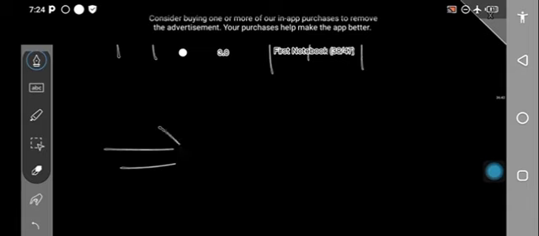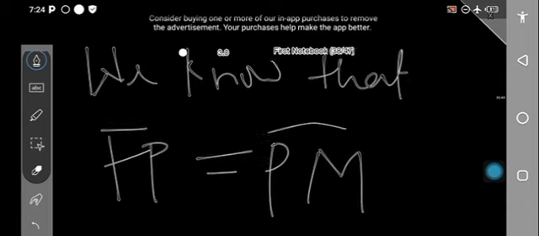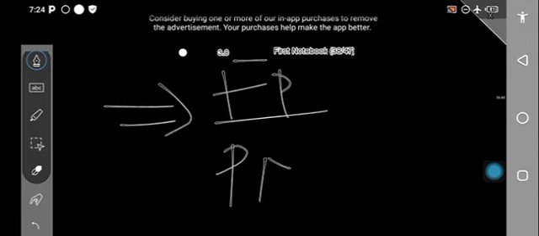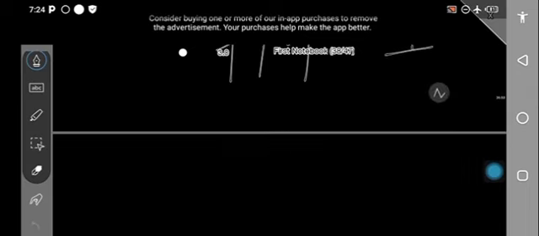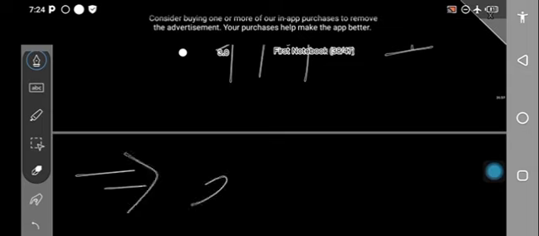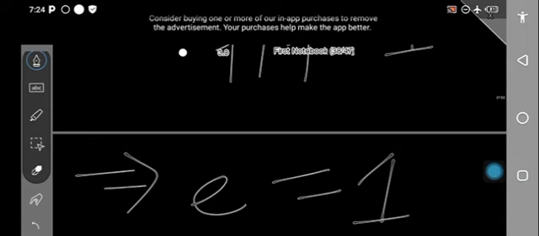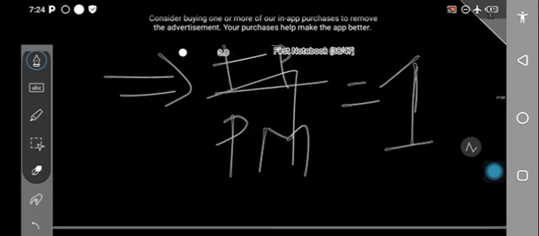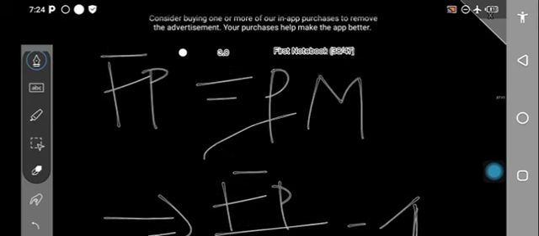So this implies that FP over PM equals 1, since they are equal. So it equals 1. That means the eccentricity of a parabola is 1. So that's one of the things you must always remember.